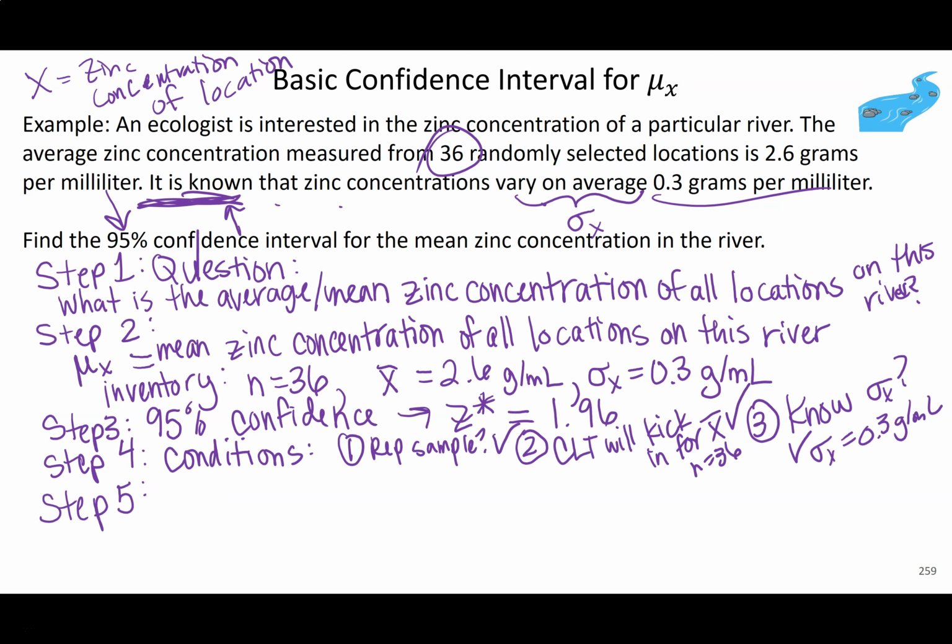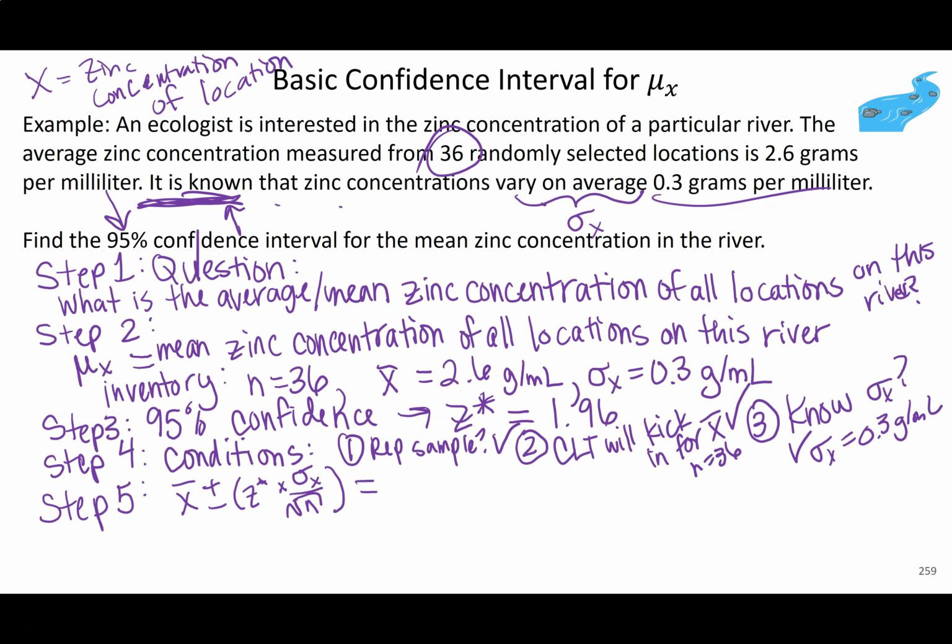So step 5. Now we're going to do the calculating. X bar plus or minus Z star times sigma of X over root n. I have everything I need to plug in there.